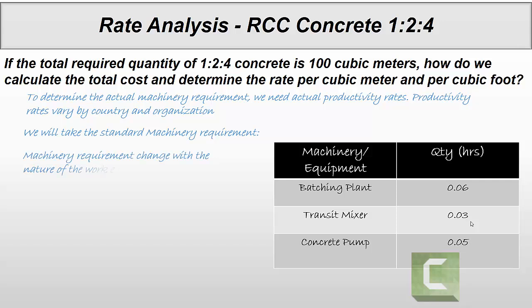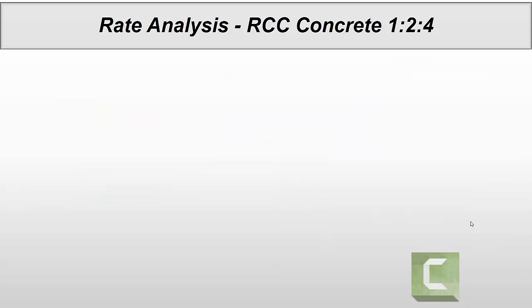Machinery requirement also changes with the nature of works. Maybe column concreting takes more manpower than foundation concrete. So after finding all the requirements of machinery, manpower, and material, we will summarize all these details.